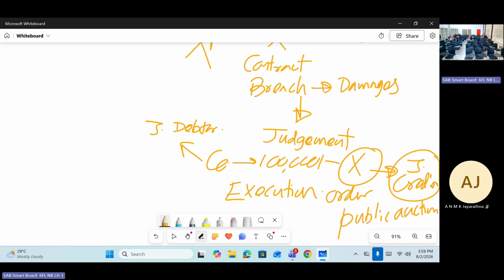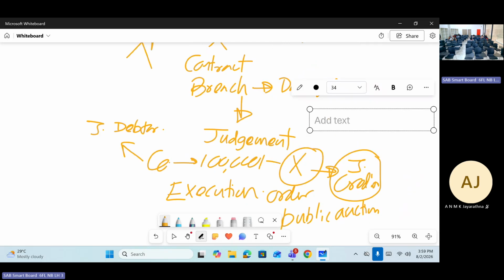The same concept applies here: execution order returned unsatisfied in full or in part. It means the company doesn't have enough property to meet the execution order, no assets. That is the reason for returning. When an execution order is returned unsatisfied in full or in part, it is deemed that the company is unable to pay its debts. This is the second ground.